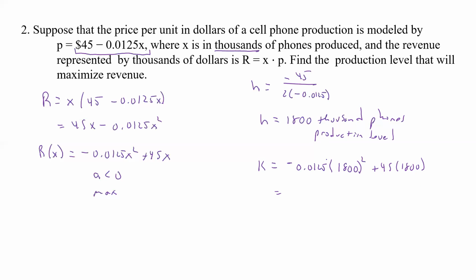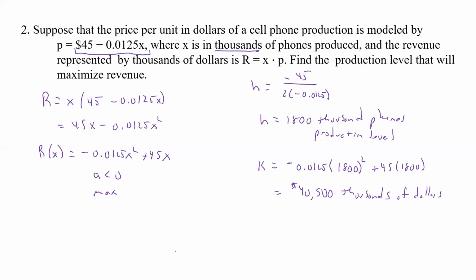So I think we can do it this way and we'll be fine. So negative 0.0125 times 1,800 squared plus 45 times 1,800, and that's 4,500 thousands. All right, because again, it's represented by thousands of dollars.